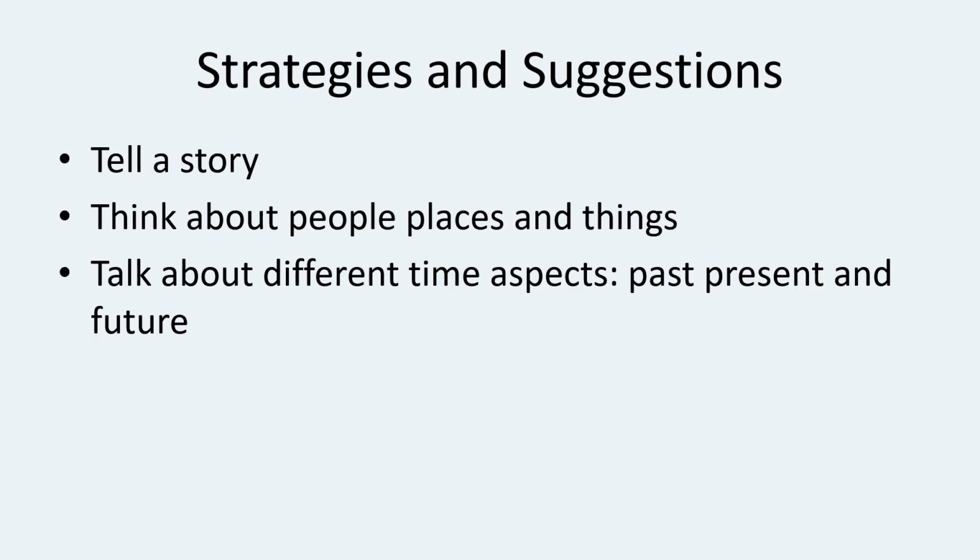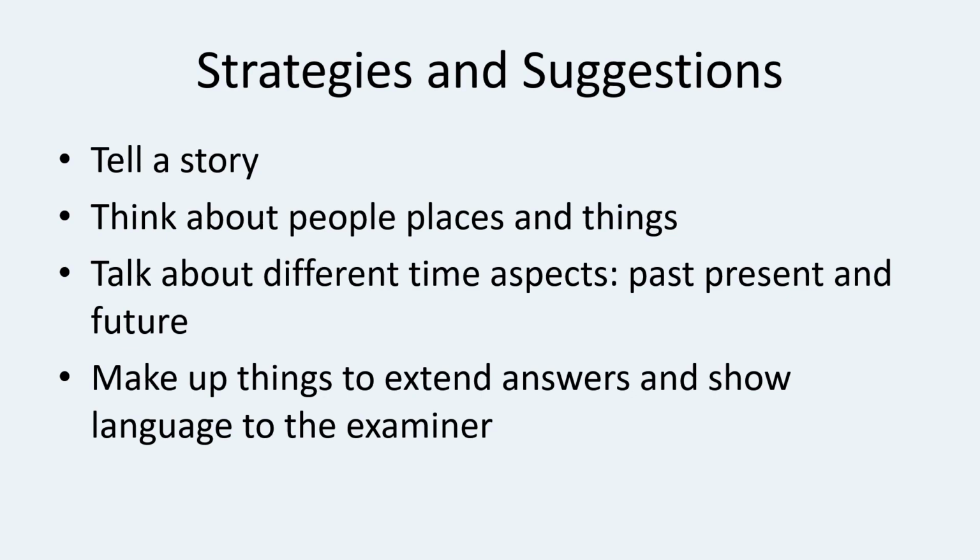You can talk about different time aspects for the topic, such as past, present, and future. With my example of an activity, you could talk about doing the activity in the past, doing it now, and how you will do it in the future. Make up things to extend answers and show language to the examiner.